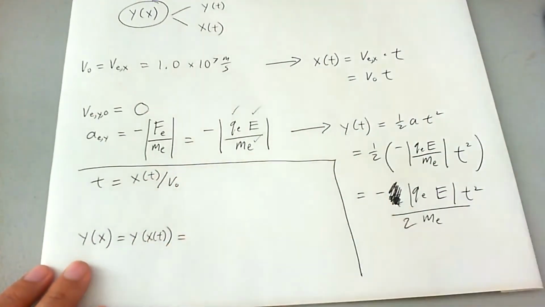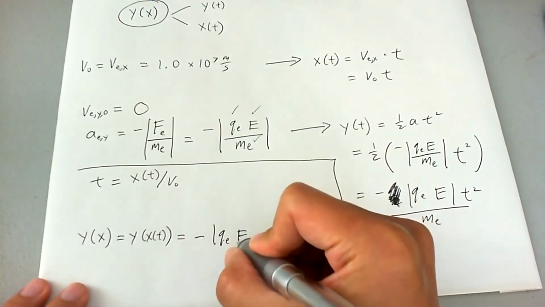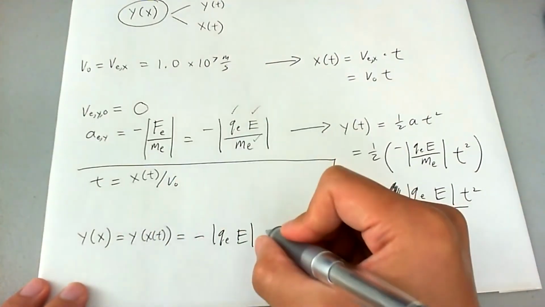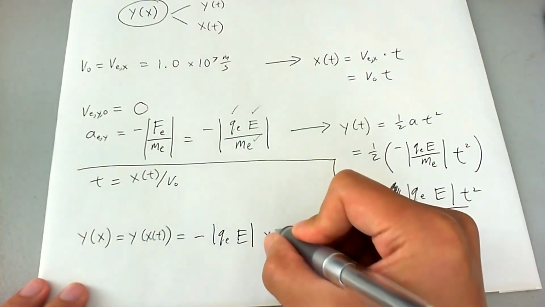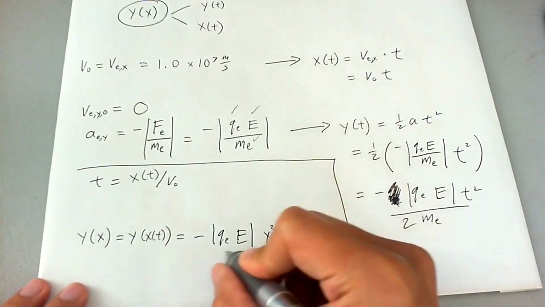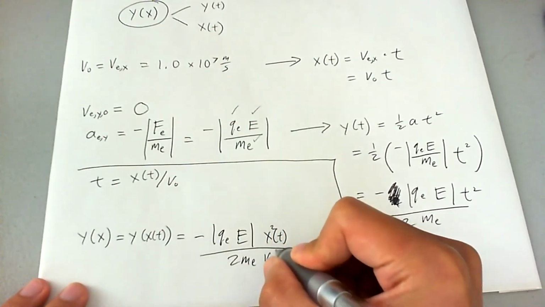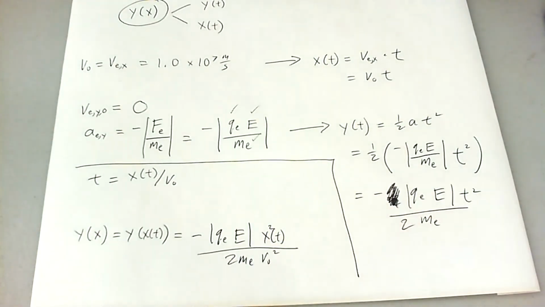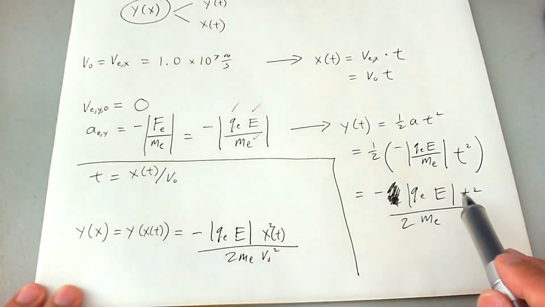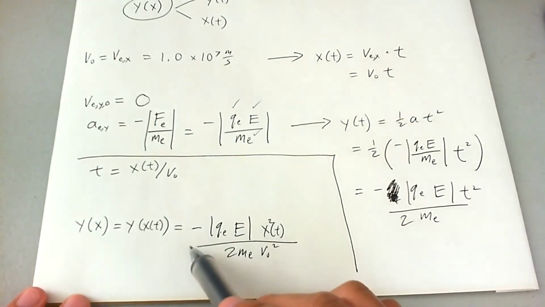That's going to equal negative q E, I'm just copying from here, t squared, so it's going to be x of t squared divided by 2 m e v naught squared. That's basically plugging in this value for t and then squaring it. So the final value is right here.